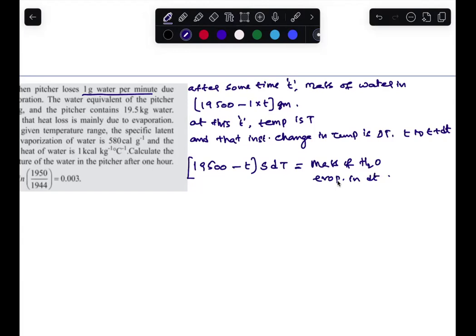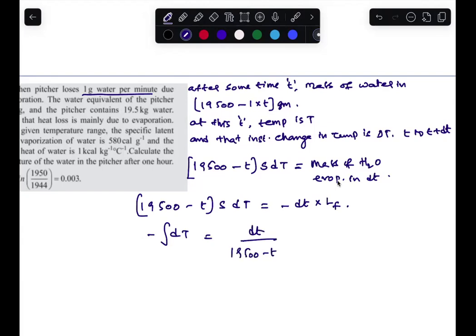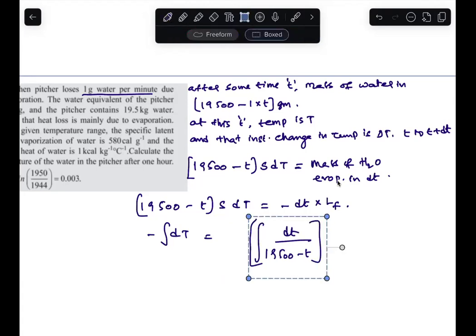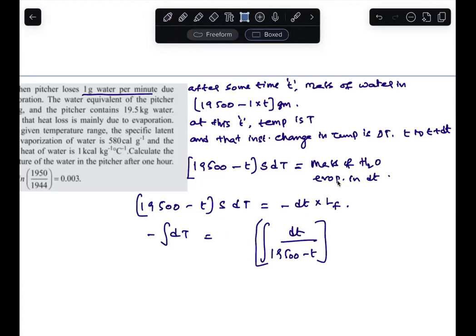So which means latent heat L is given. So clearly, integral dT by L by S. Here, don't forget, initial temperature is 30.